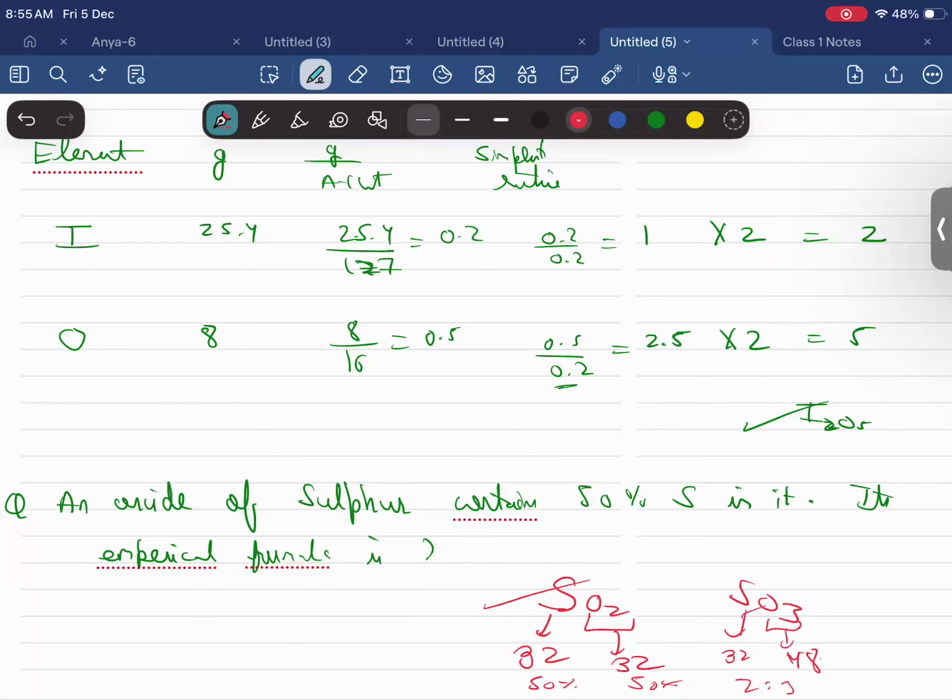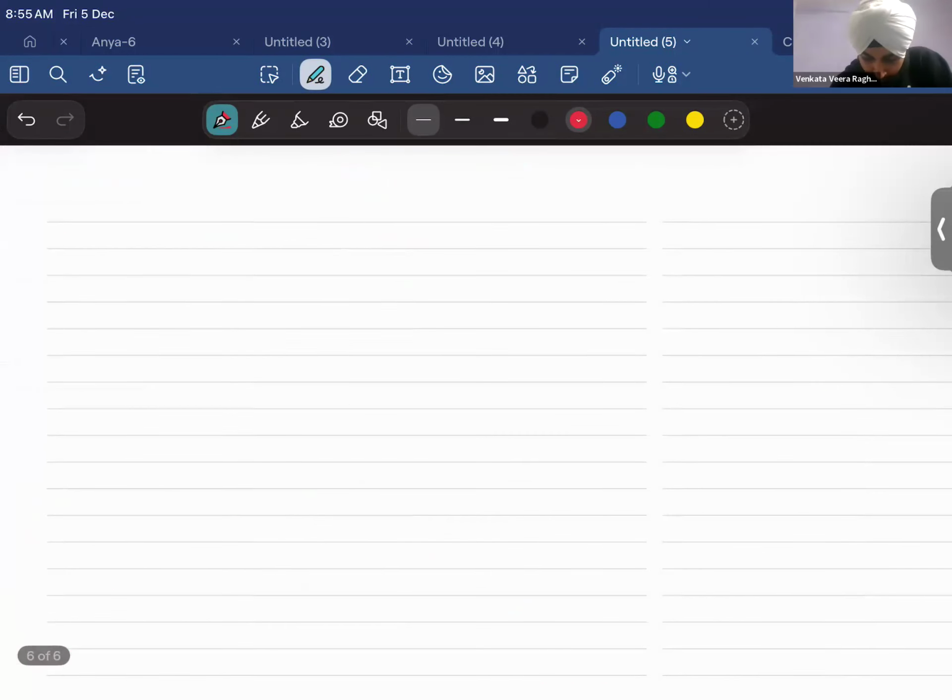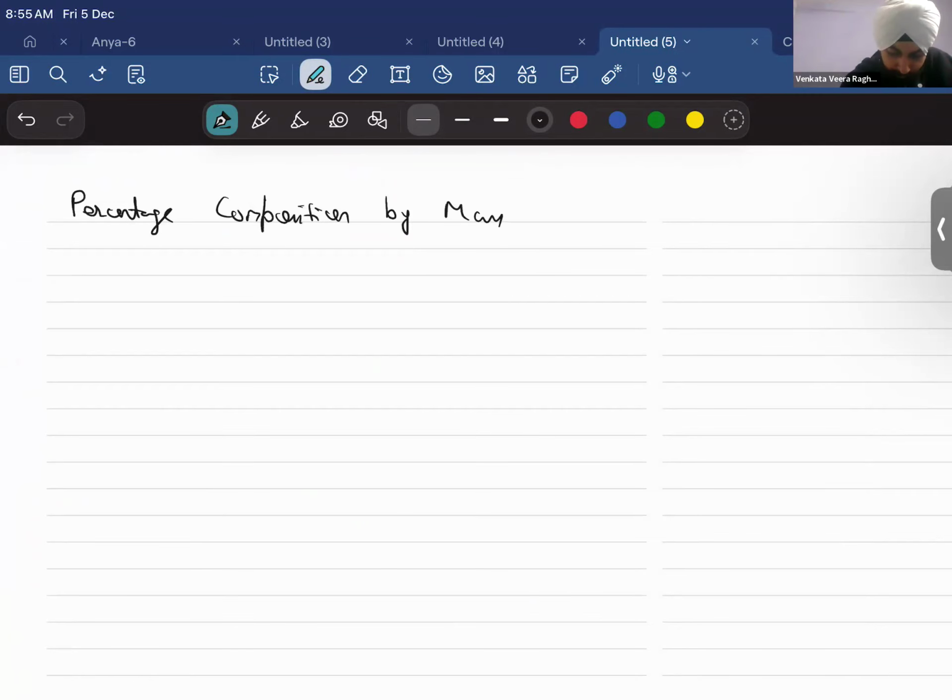Okay, cool then. Another part is the percentage composition by weight or by mass. A very, very easy topic for us to understand.